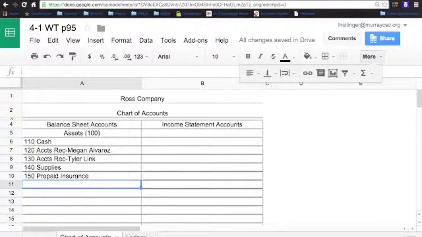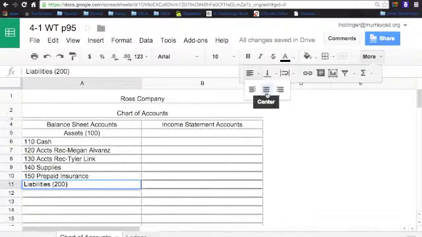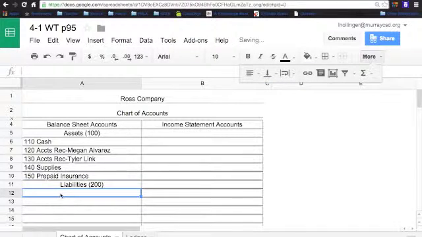So next we're going to take care of our liabilities, because remember, our balance sheet accounts are our assets, our liabilities, and our owner's equity. So those will all show up over here on the left side of this chart. So I'll put liabilities, and those are going to be our 200 accounts. And I'll go ahead and center this title as well. Our liabilities are all our accounts payable accounts, and we organize those alphabetically.